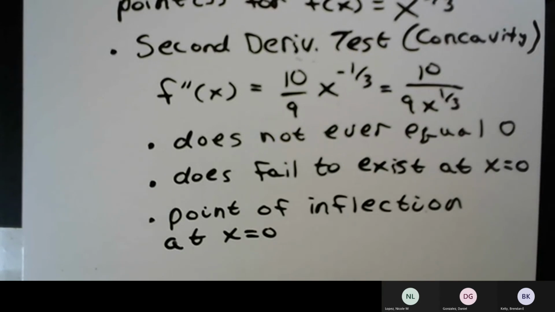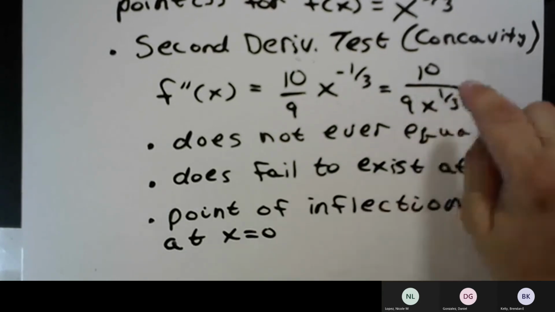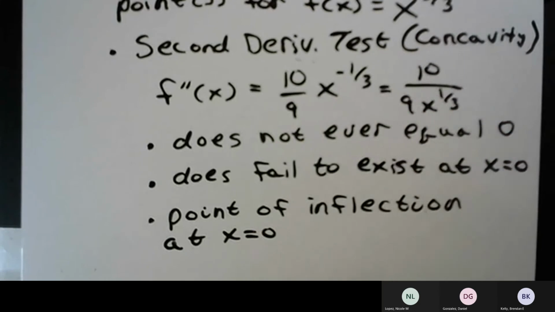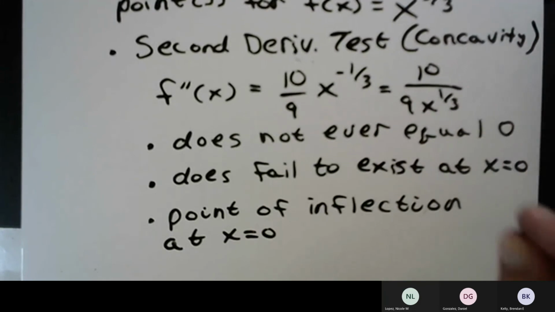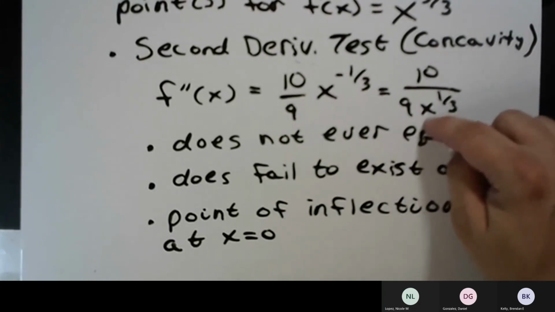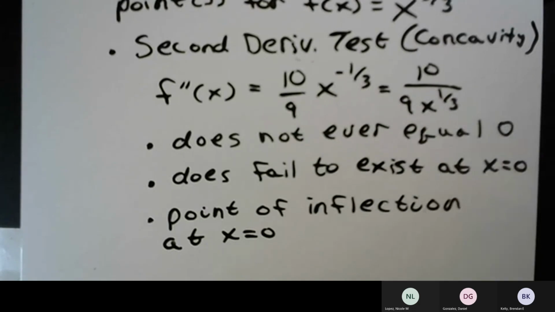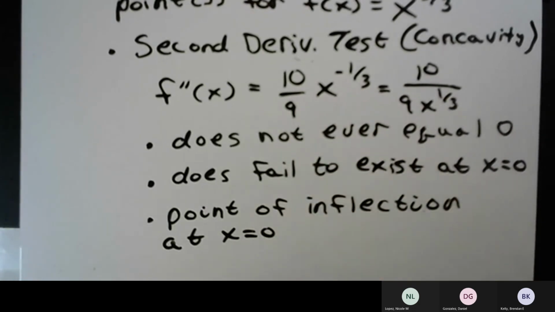Again, there's nothing you can put in for x here that's going to zero this thing out. You would need an x up here, for example, and something times 0 is not going to work. And so we've got x down here instead. So with division by x, or a power of x, well, what's going to make this 0? Well, it's just going to be 0. So that tells us we've got an inflection point at x equals 0.